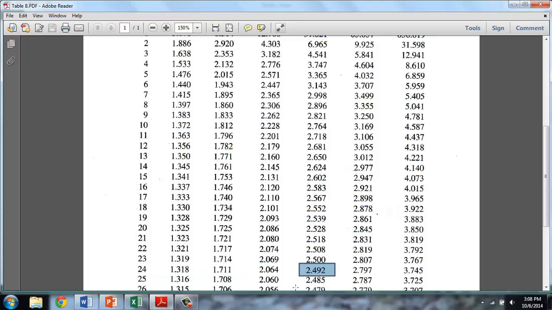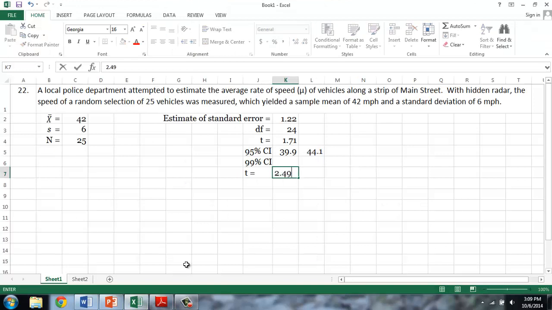And for 24 degrees of freedom, our t-score is 2.492. So, at the 99% confidence level, our interval lower limit is equal to the mean minus the t-score for our 99% confidence times the standard error.